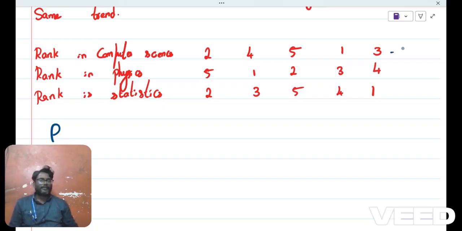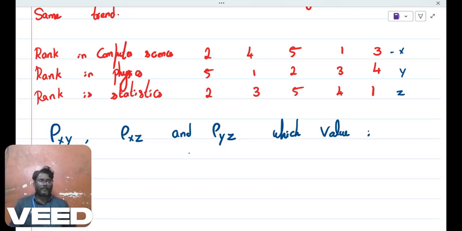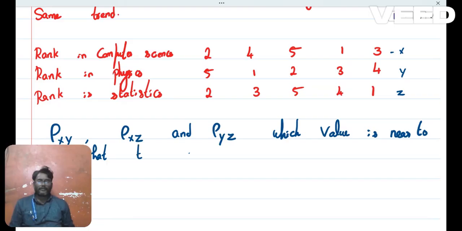Take computer science as X, physics as Y, and statistics as Z. We want to find the rank correlation coefficient between X and Y, between X and Z, and between Y and Z. Whichever value is near to plus 1, those two subjects will have the same trend.